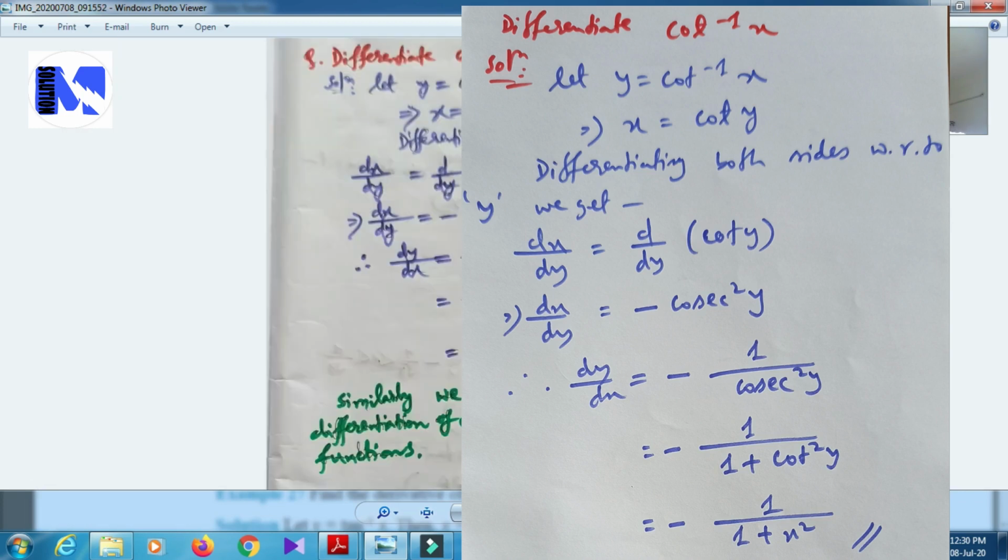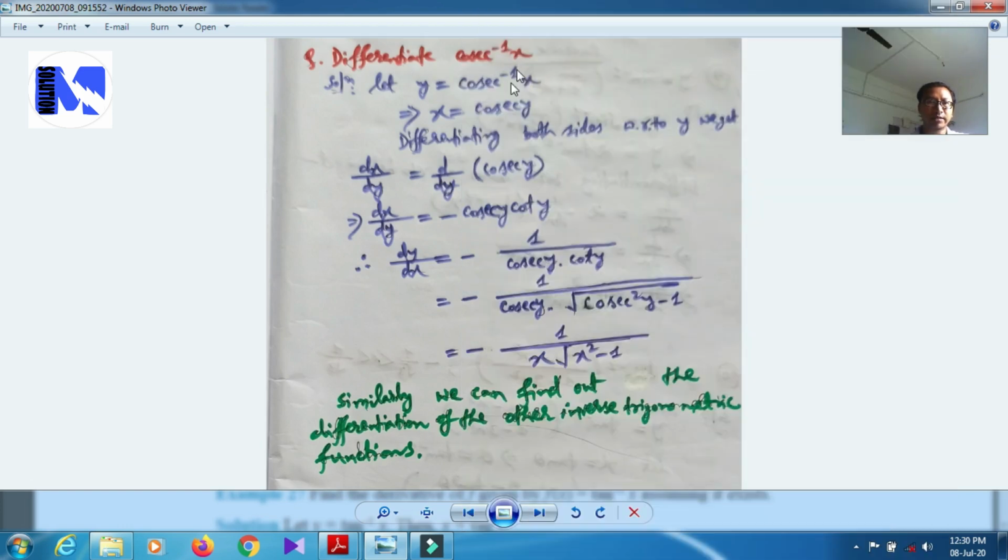Okay, then you can see, differentiate the function cosec inverse x. Same process I have taken here as y equal to cosec inverse x, then x will be equal to cosec y. Then differentiating both sides with respect to y, we get dx by dy equal to d by dy of cosec y. Then as it is, the derivative of cosec x is minus cosec x cot x, so it will be minus cosec y cot y.